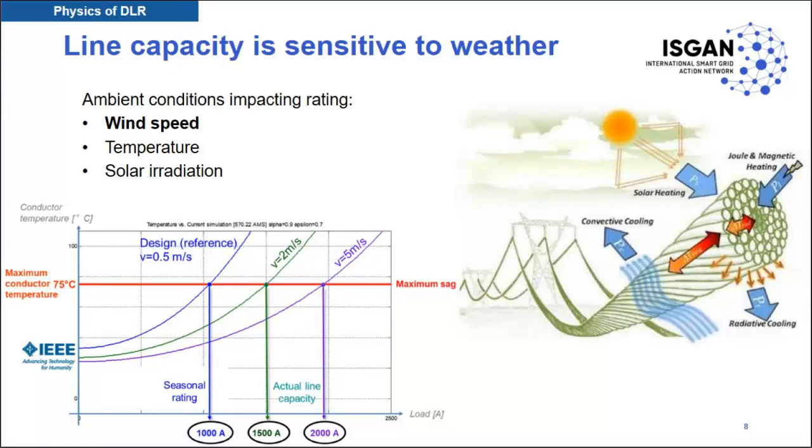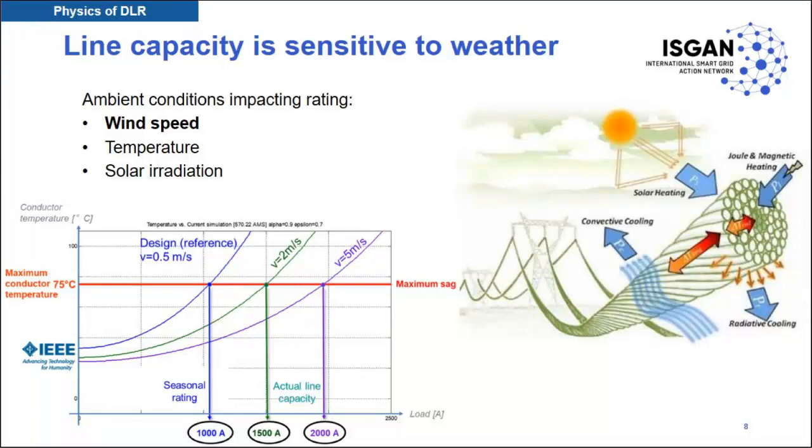If you look at the diagram to the left, it's an IEEE chart. So these are the official charts for a certain type of conductor. It's not important. What's important is the shape of the curves.